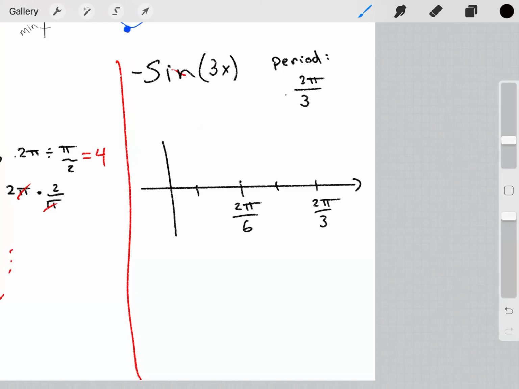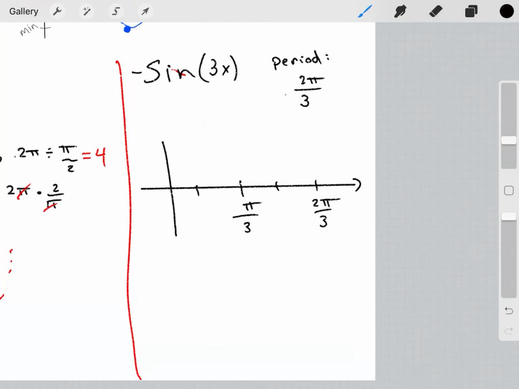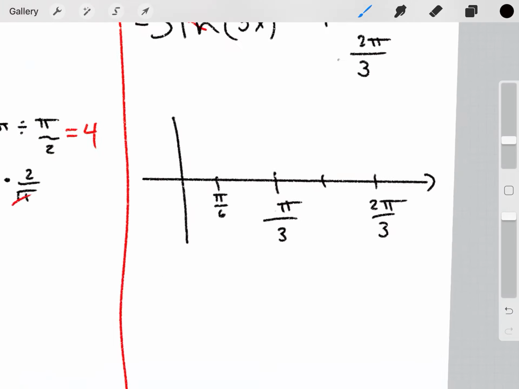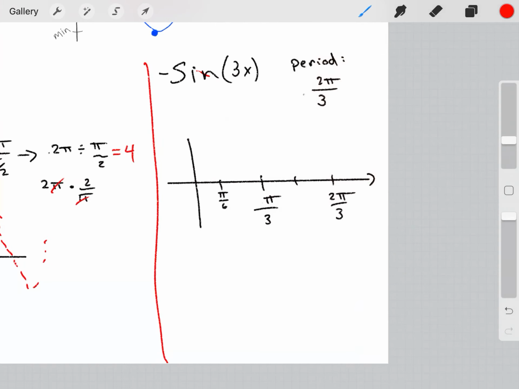We probably could have done this a little easier, but 2 pi over 6, whoops, that was too big of an eraser, is going to be the same as pi over 3. So we'll call that pi over 3. And again, let's use that trick again. Half of that is pi over 6. So I just double the denominator to make halves. It's a little fraction math there.